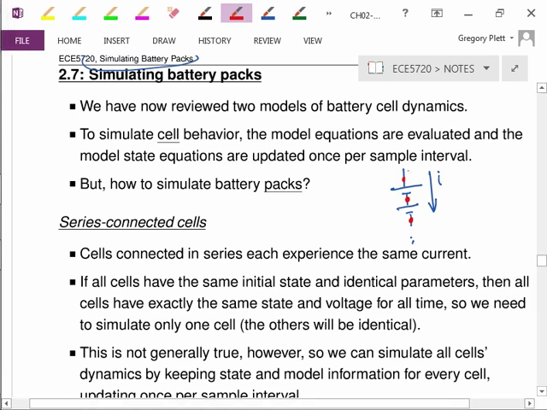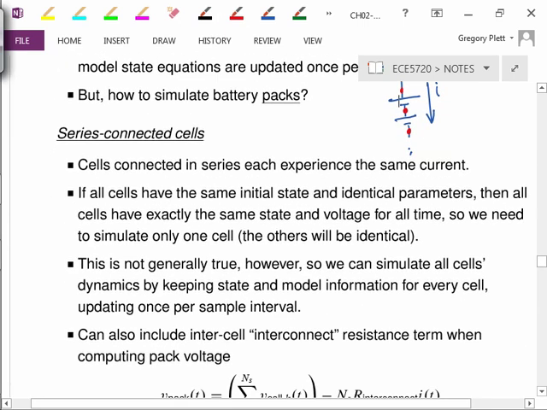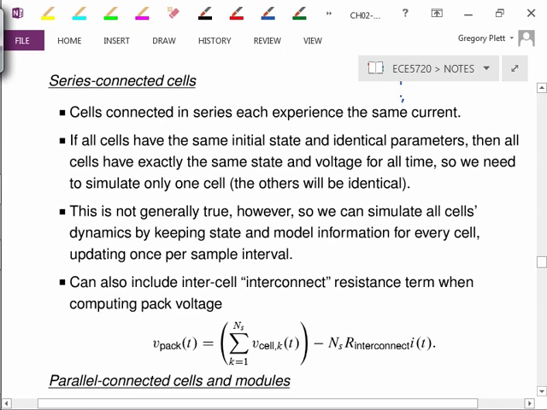The overall series resistance of a high-quality battery cell for automotive application is in the order of a milliohm or so, and the interconnect resistance of the tab or the terminal of the cell connected to some wiring and connected to the next cell terminal, that can also be on the order of a milliohm, probably about a tenth of that, but it's certainly significant when we're considering the entire resistance of the battery pack.